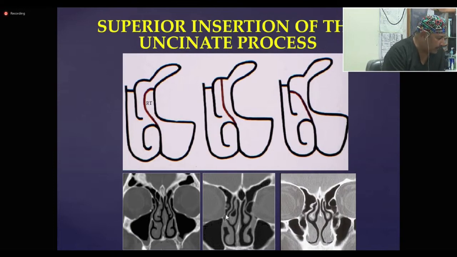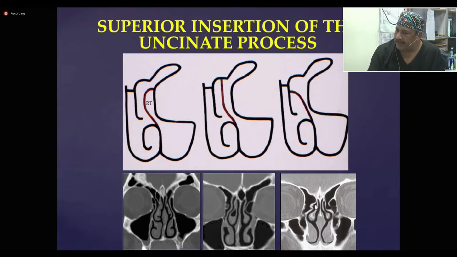Sometimes it is too big and can push the uncinate to insert on the skull base. This is a dangerous phenomenon, as while doing uncinectomy, in the initial phase of surgery, where the first step is uncinectomy, you can cause a CSF leak. Similarly, it may insert onto the turbinate as well, and manipulation of the uncinate can lead to turbinate manipulation, which inserts on the cribriform plate and gives problems.